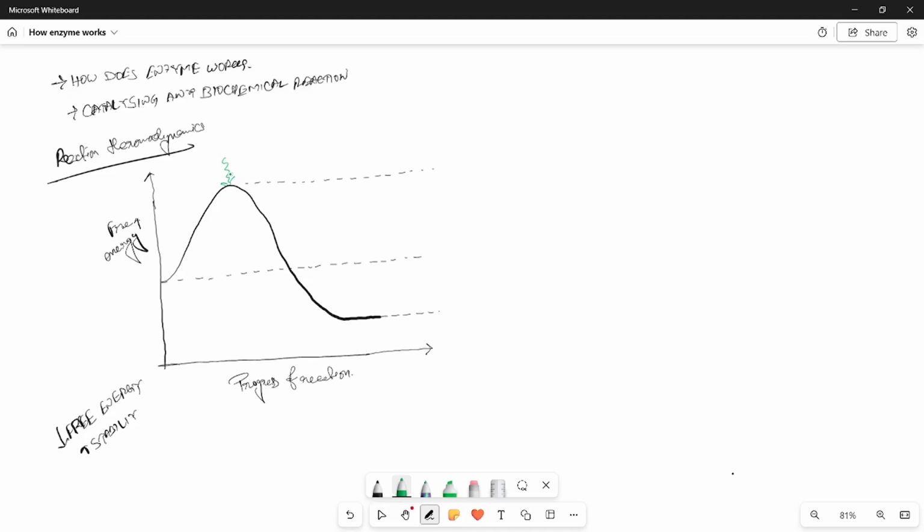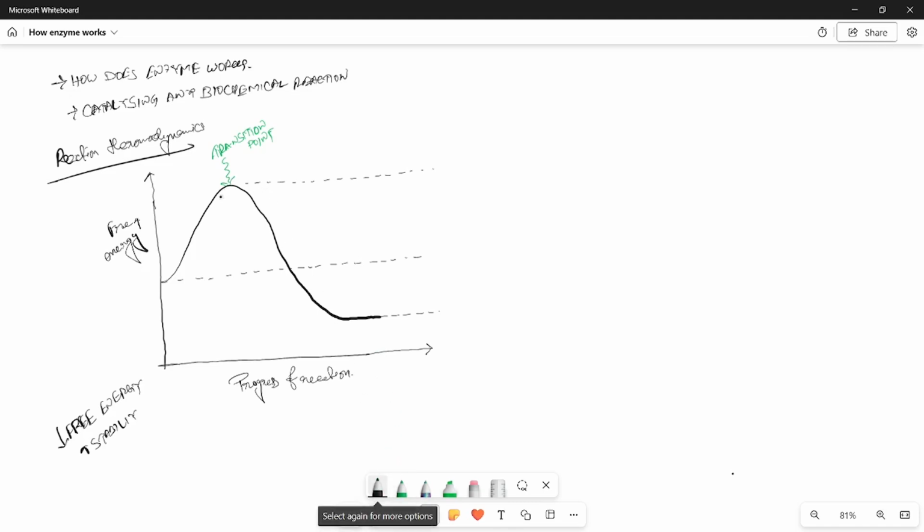This is the highest point, and it is called the transition point. What happens at the transition point? The reactant transits into product formation. Product formation begins at the transition point only.